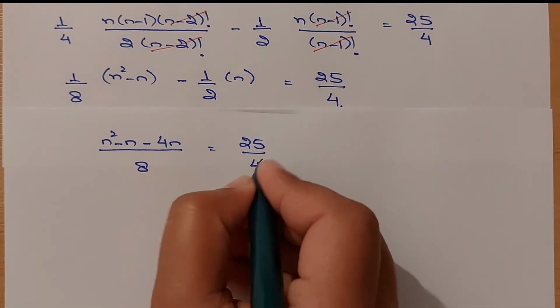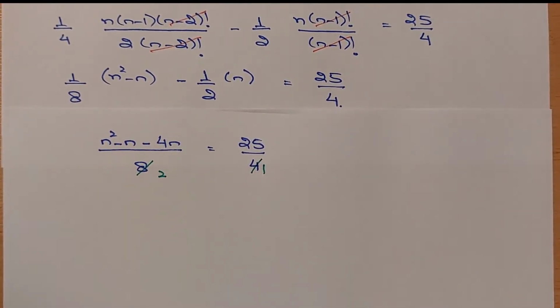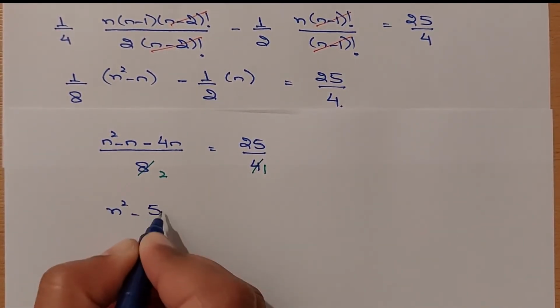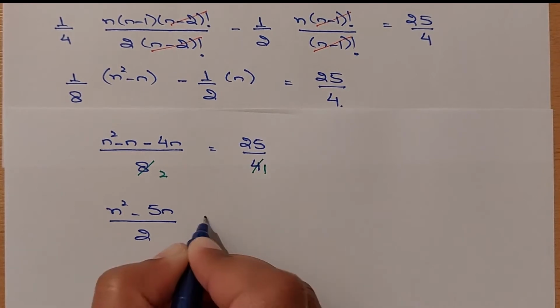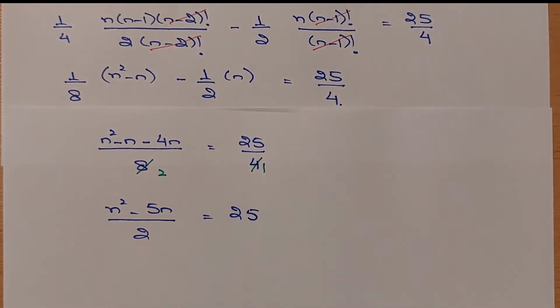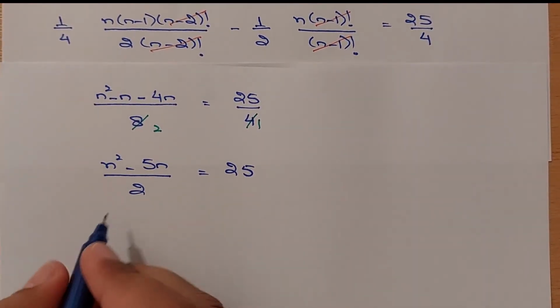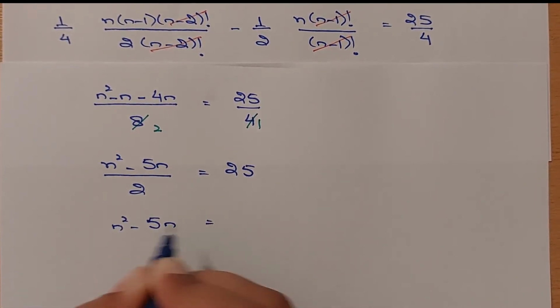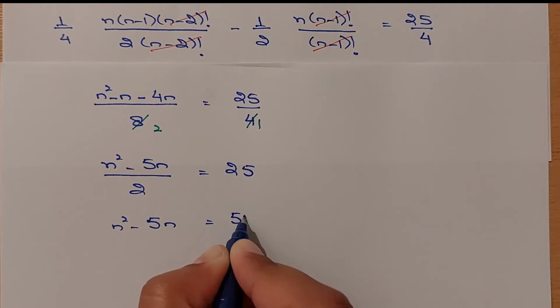And 4 times 1 is 4, 4 times 2 is 8, and we have n squared minus 5n divided by 2 equals 25. Now we have a cross multiplication: n squared minus 5n equals 2 times 25, which is 50.